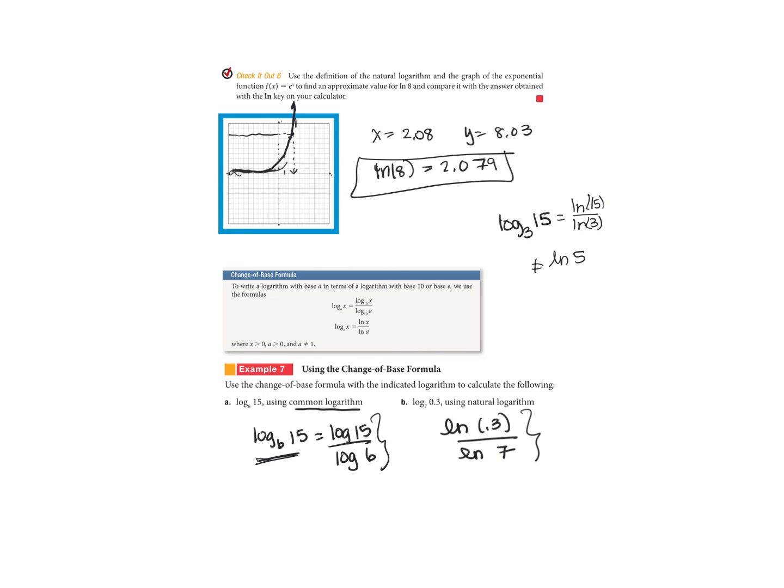A fun thing to try, we know that, say, the log base 3 of 9 equals 2, right? That's easy. We know that. Look at this. The natural log of 9, if I do this on my calculator, is 2.197224577. The natural log of 3 is 1.0986122289.